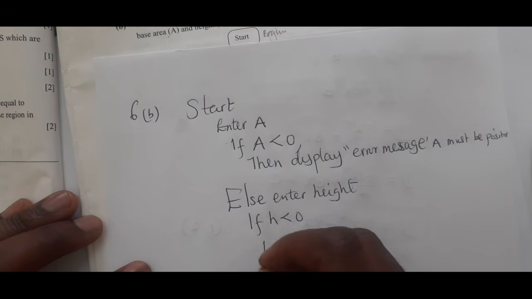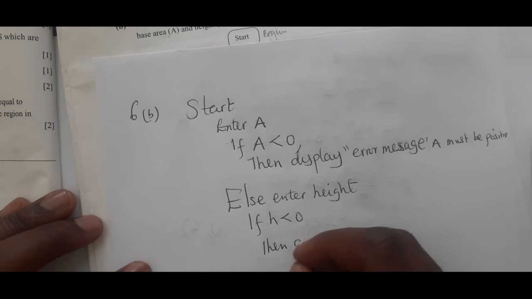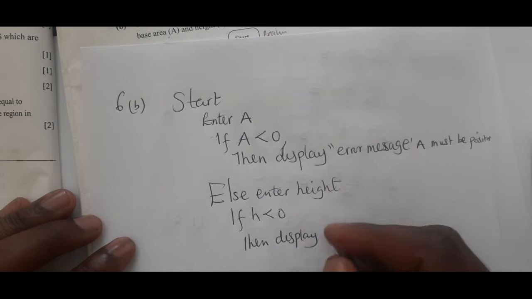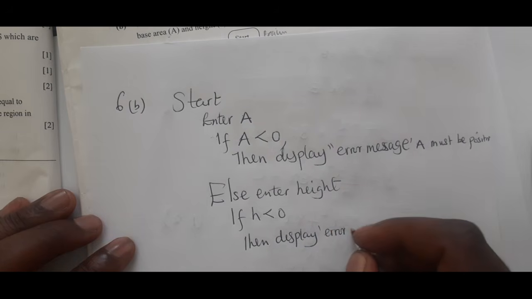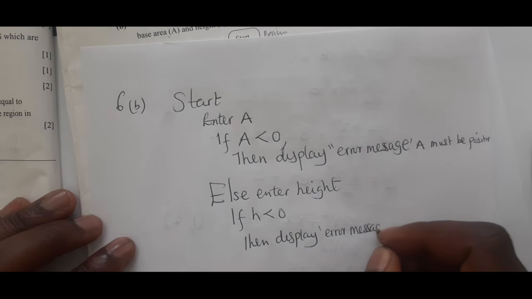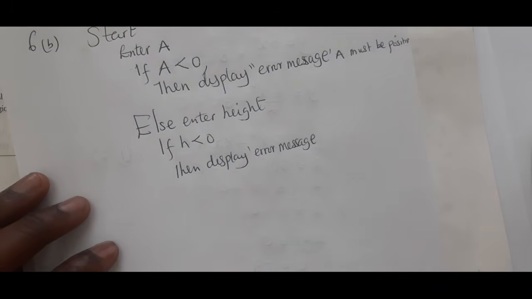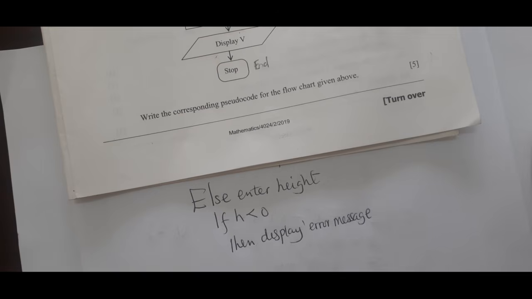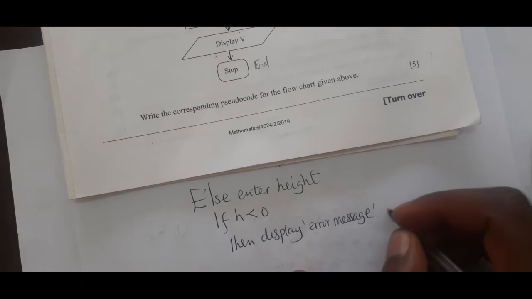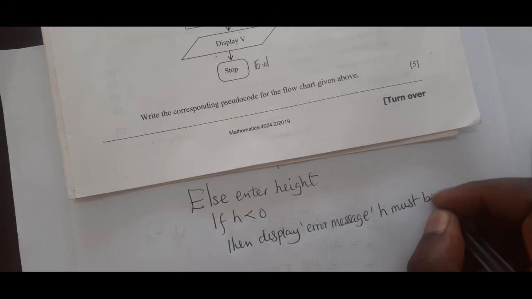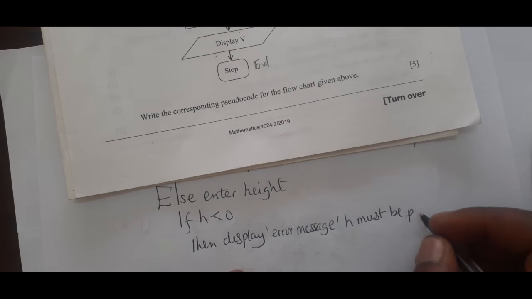Then we say display error message, and then you say h must be positive. So you say then display error message: h or height must be positive.